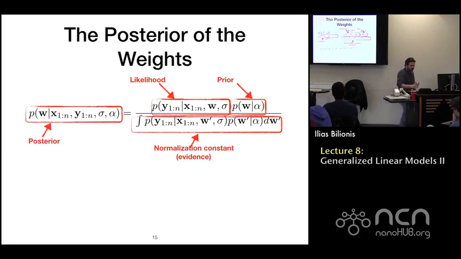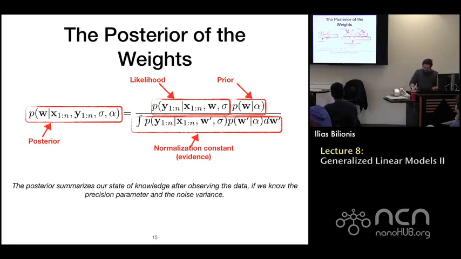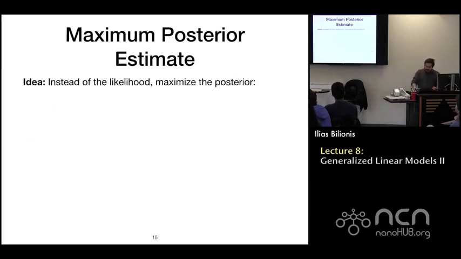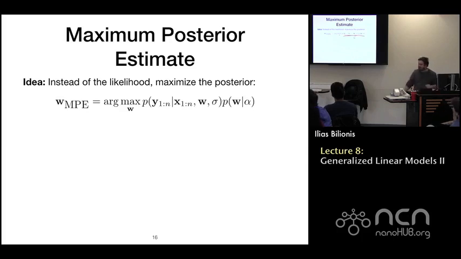Okay? So let's do this. So instead of the likelihood, you maximize the posterior. Now you maximize something that is proportional to your posterior. Your posterior is this divided by a constant. Okay? But it's the likelihood times that prior. Okay, so it's exactly the same as your maximum likelihood, but it has this additional factor in there that affects things a little bit.